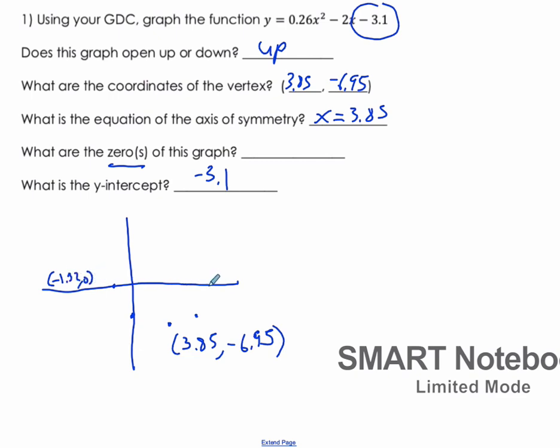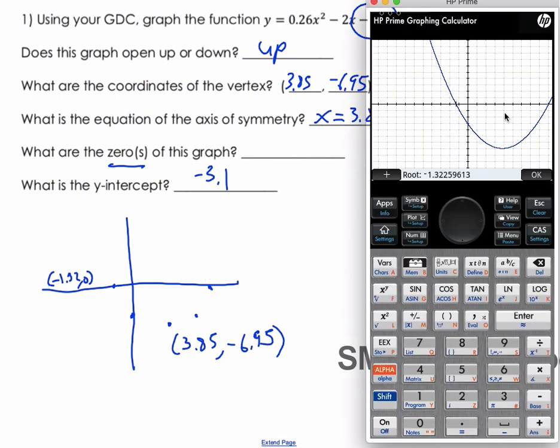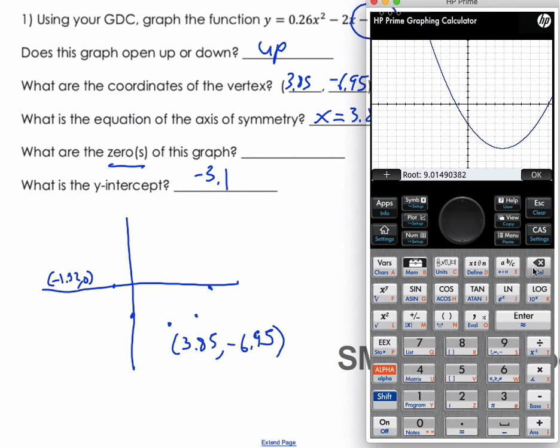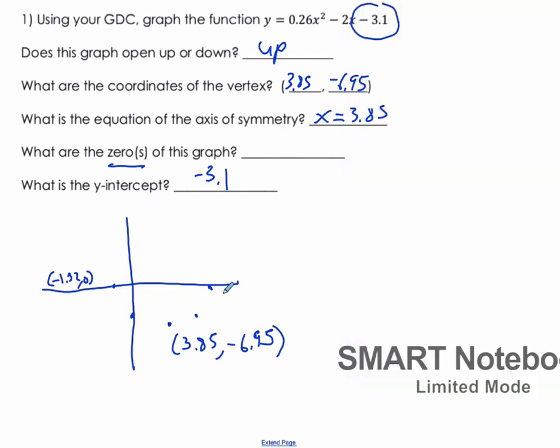And the other one, I guess, is going to be over here somewhere. So click on it over there and go to function, root again, and it's 9.01, comma 0.